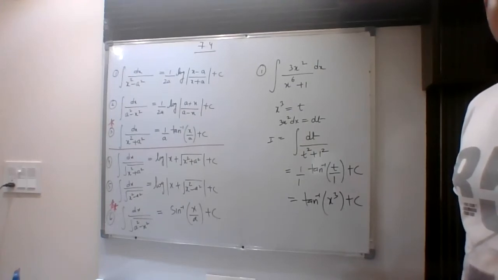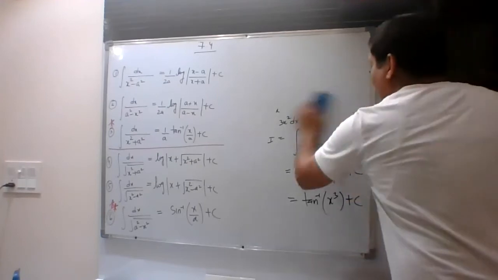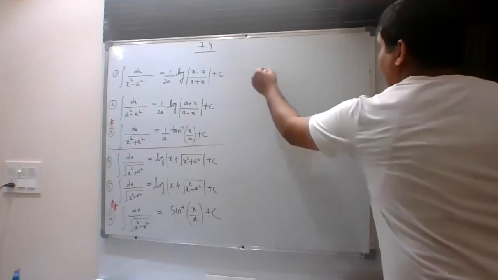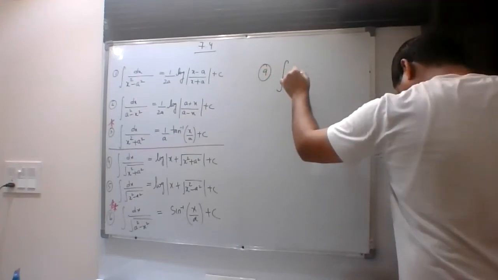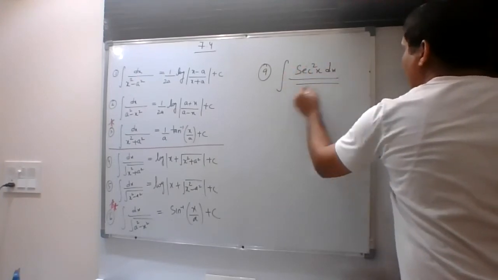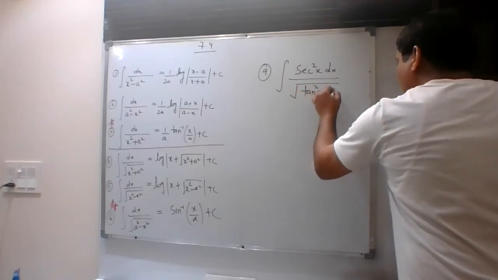Let me solve question number 9 from 7.4 exercise. In the 9th question we had written sec square x dx upon under the root of tan square x plus 4.